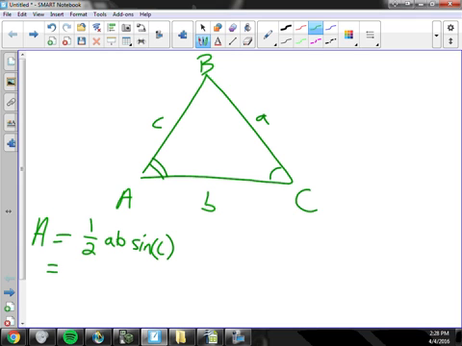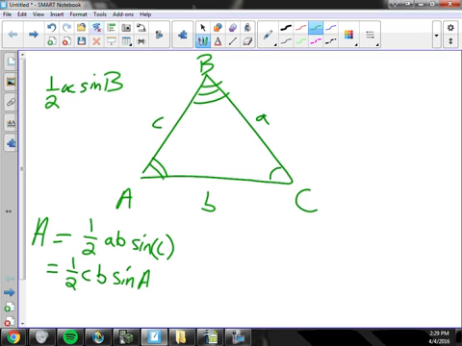What would the formula equal? CB times the sine of A. Or if I knew angle B, the formula would be 1/2 CA, or AC, sine of angle B. So as long as you're looking at side angle side, you can't really mess this up, because the A's and B's can switch as long as you're looking at angle C.